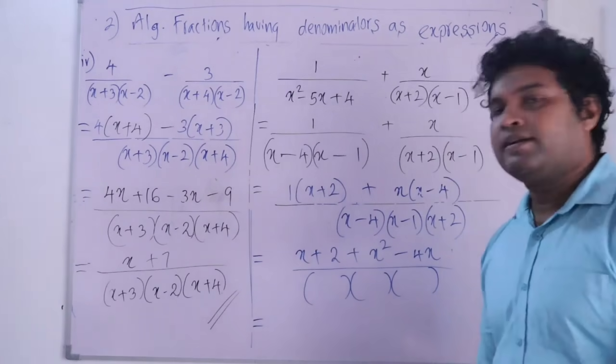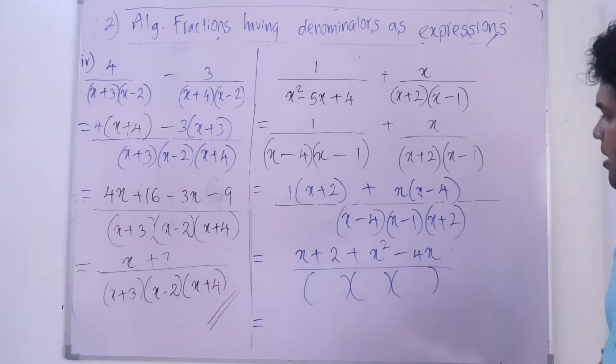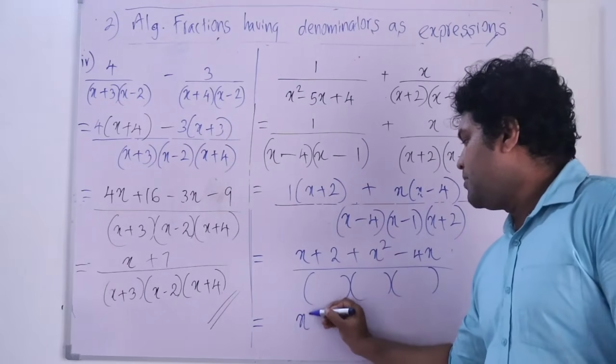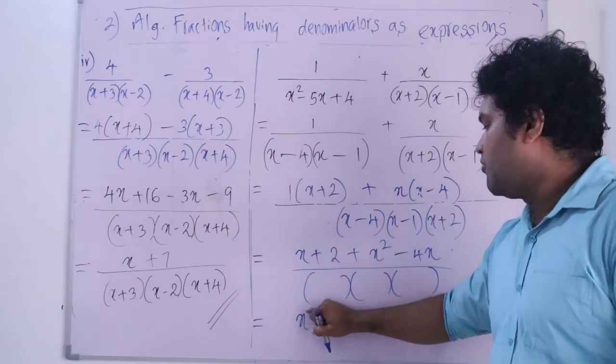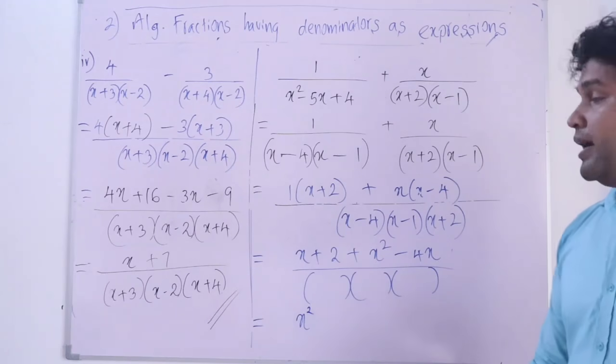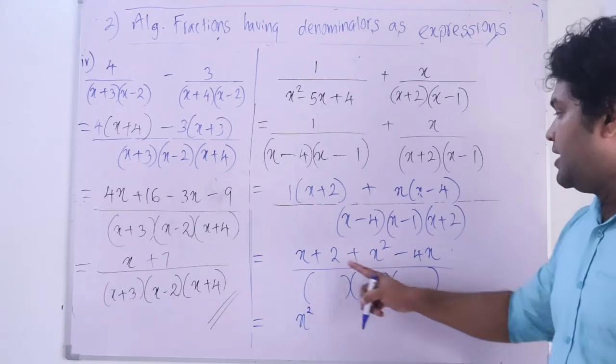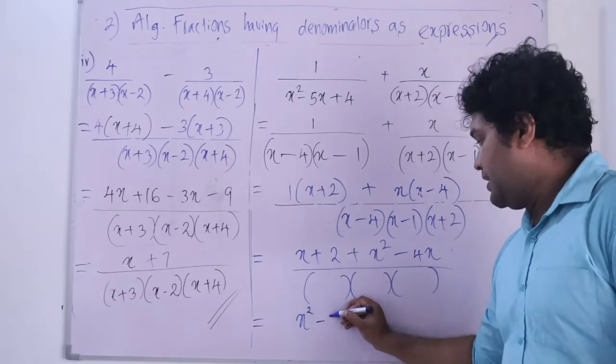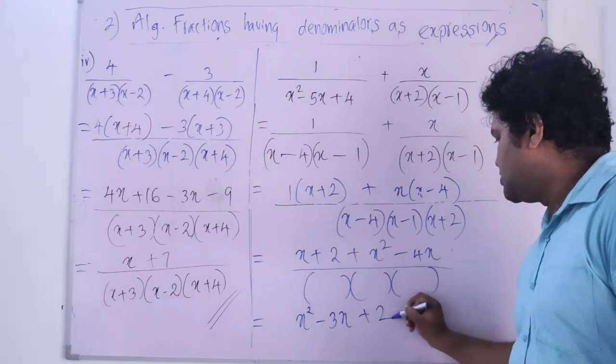Further, we can collect like terms together. Because of this x and x squared, the x squared is the main term, because for quadratic expressions we have to write quadratic terms at the beginning, then x and minus 4x. What's the answer? x squared minus 3x plus 2.